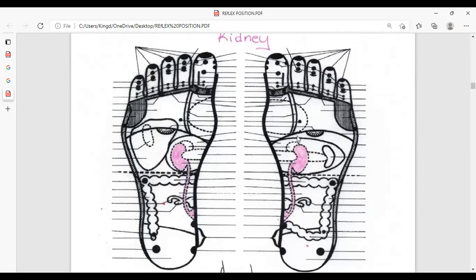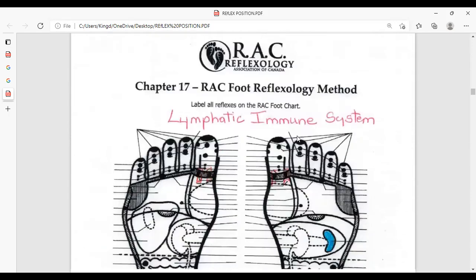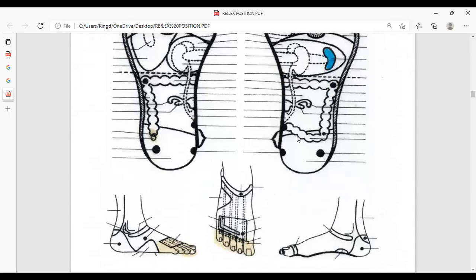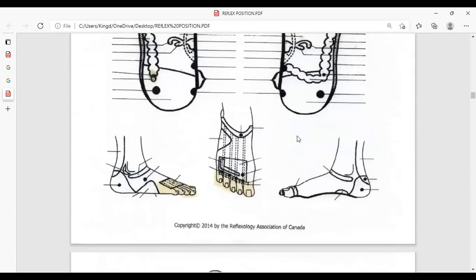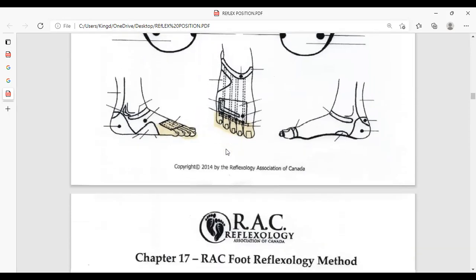You walk down the ureters. Lymphatic immune points. Spleen is a part of the lymphatic system. Yes, the spleen is. And you also see this area, they are part of the lymphatic immune, the drainage points. All right.